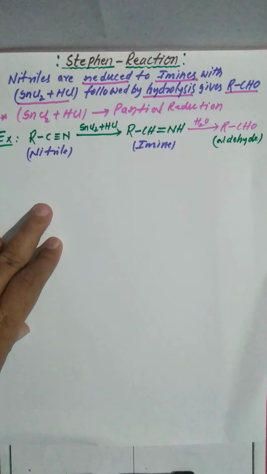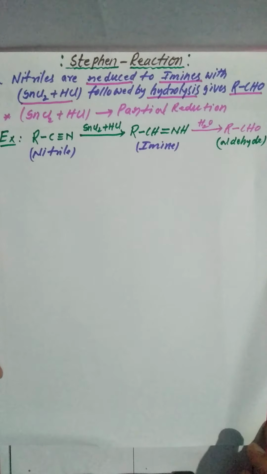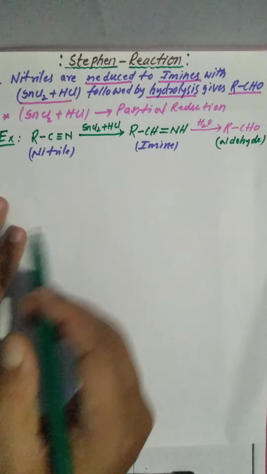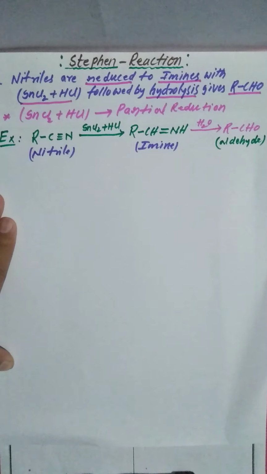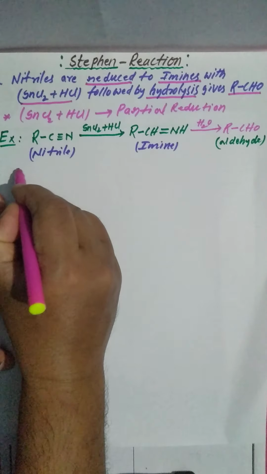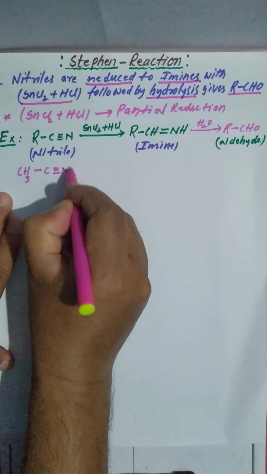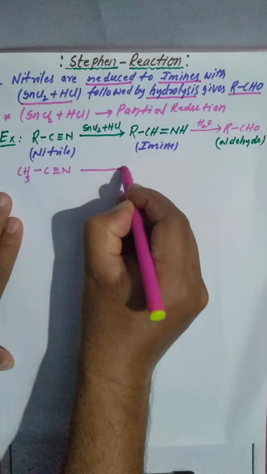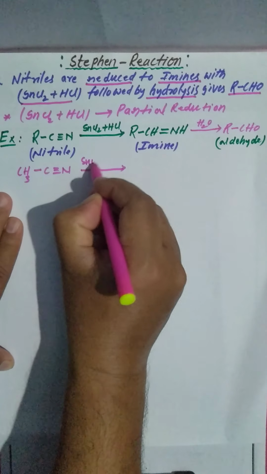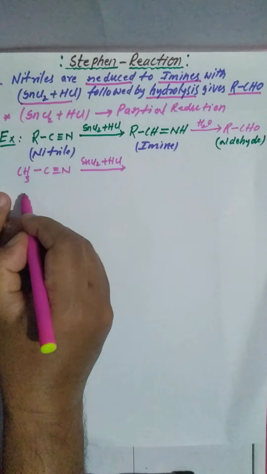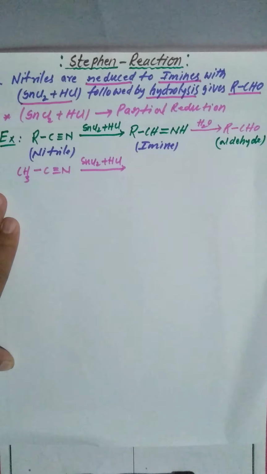So like this we are preparing aldehydes from nitriles. I will take here normal CH3 C triple bond N, in the presence of stannous chloride plus HCl, and this we are calling acetonitrile.